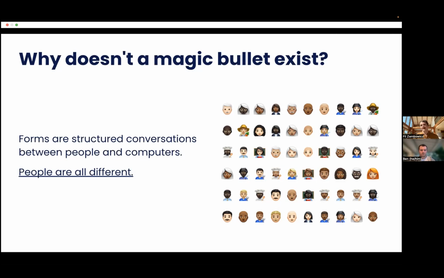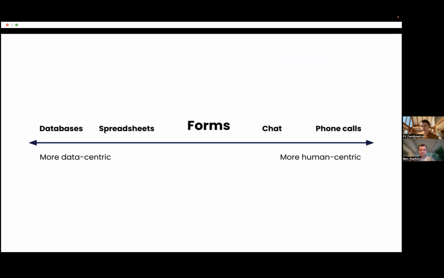So there really is such a variety of users out there that will see your form flows, and there really isn't a single magic bullet that will help them convert. But we'll get into some frameworks and ways to think about how you might be able to improve it in your particular case.